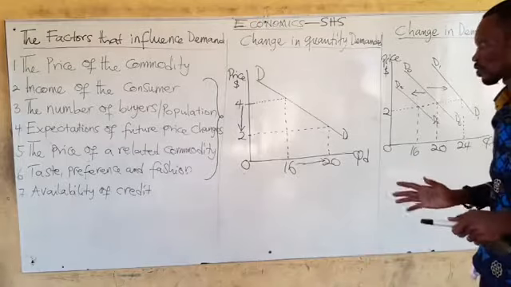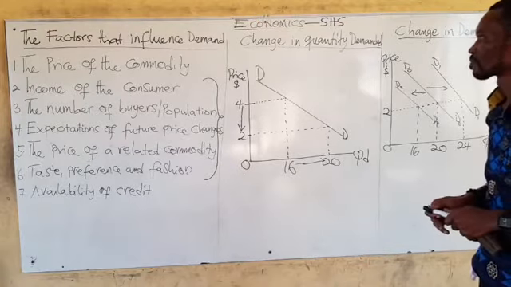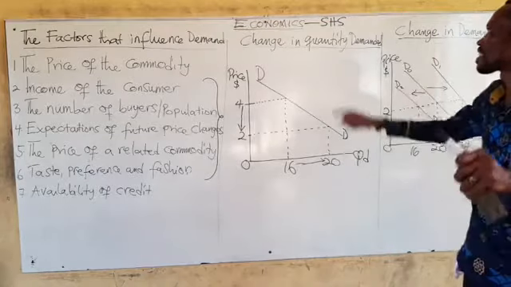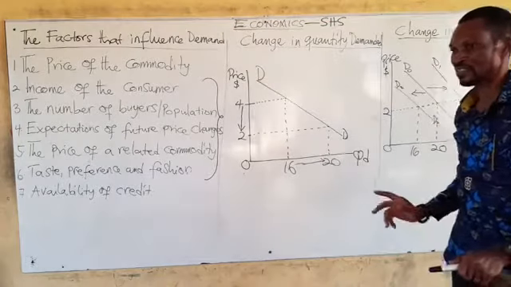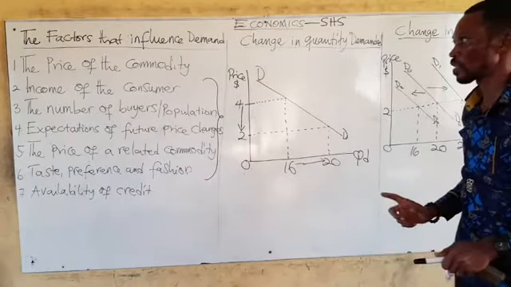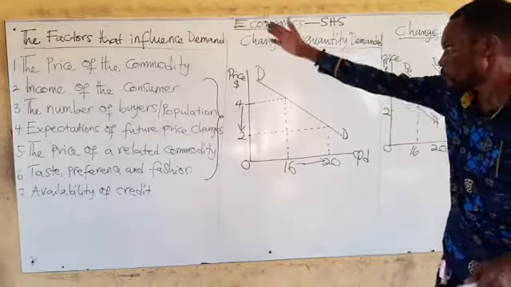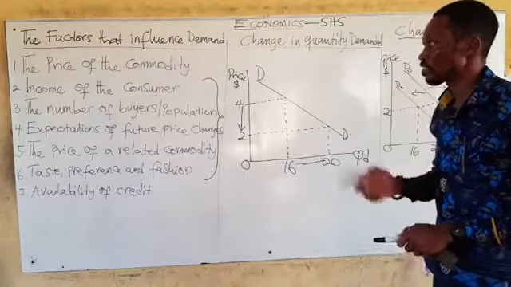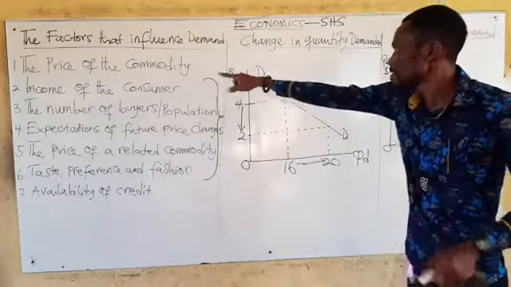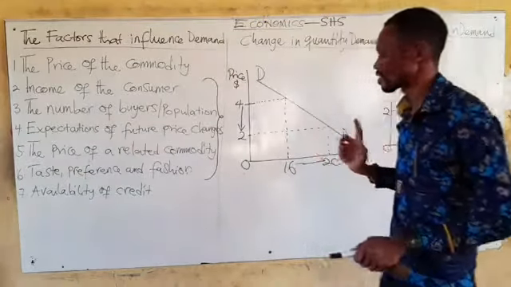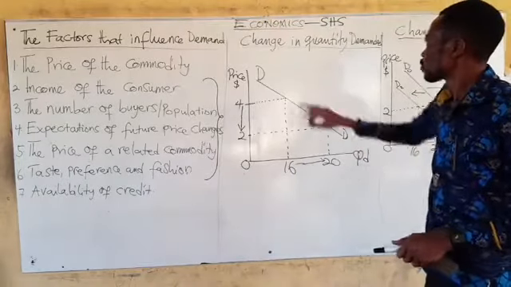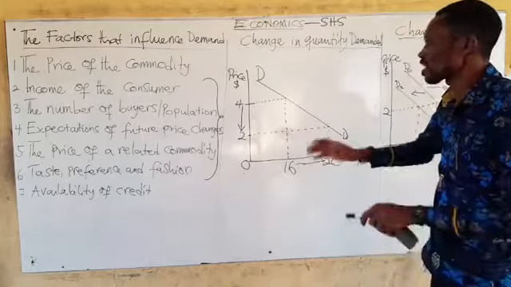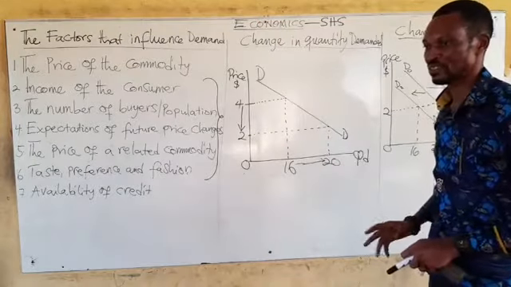It's very interesting, so take note of it. There is only one factor that causes change in quantity demanded of a product. Among all the factors here, there's only one. Which factor is that? The price of the commodity itself. So anytime you hear in economics change in quantity demanded, think of the price of the commodity.